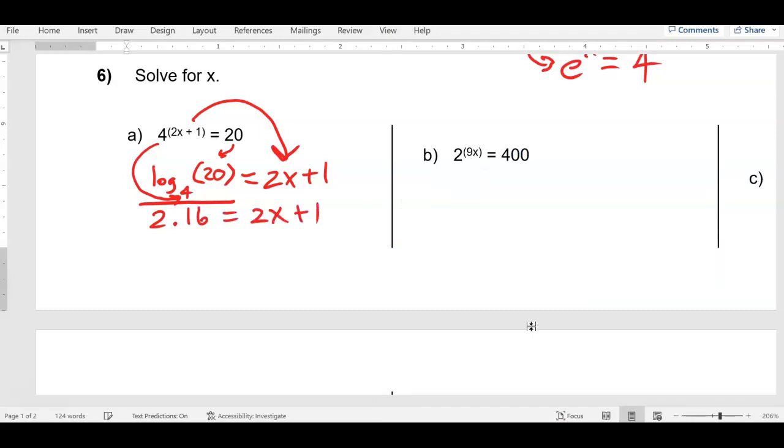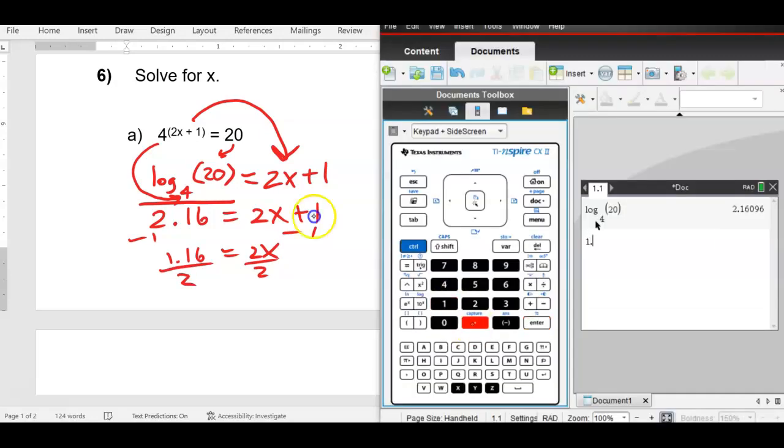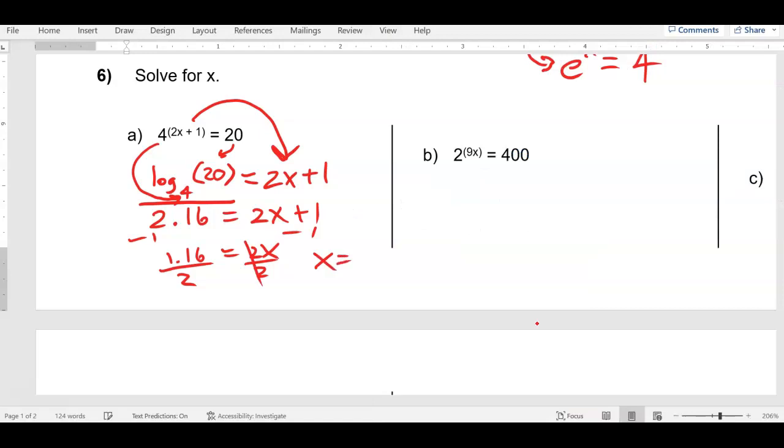Equals 2x plus 1. And now you just solve it like a normal equation. We subtract 1, you get 1.16 equals 2x. And then to get rid of that 2, we divide. What's 1.16 divided by 2? 0.58. Cool.